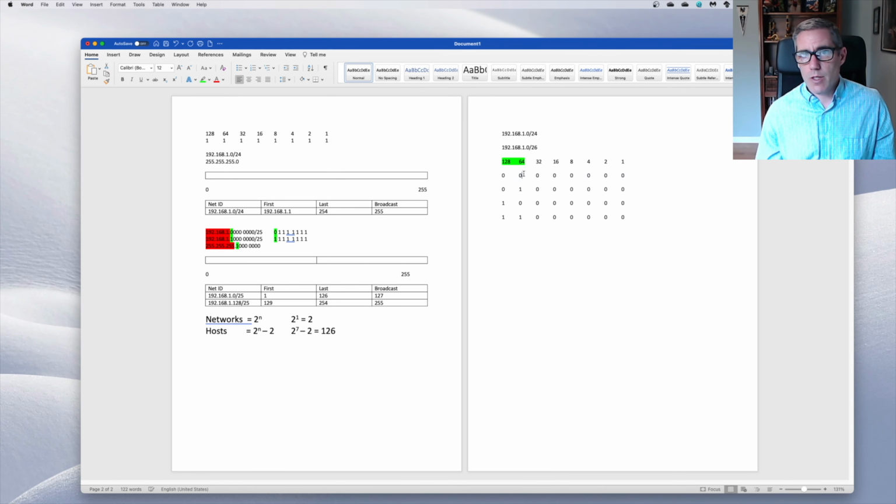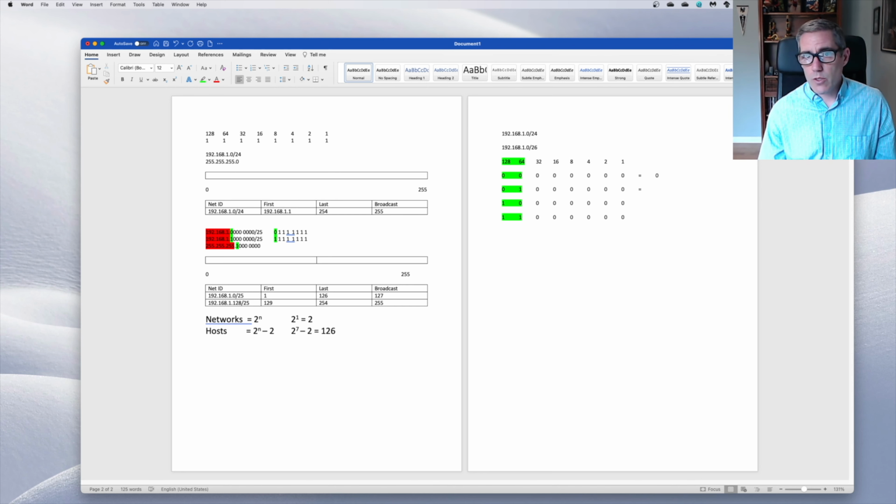These are all of our network addresses. The first 2 bits in each one are the network. The rest of it is the host bits. When those host bits are all 0, that's the network ID. All we need to do is say what each one equals. This equals 0.